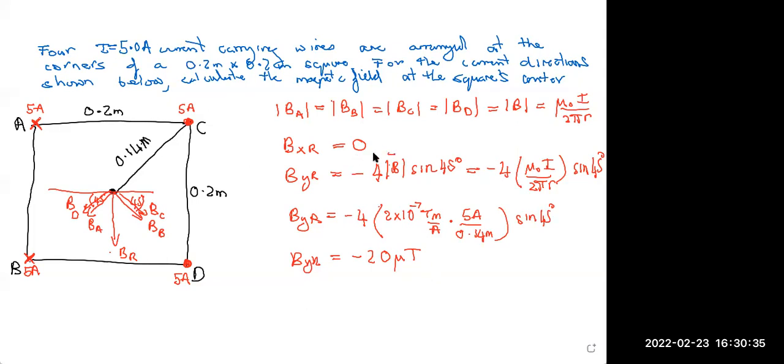As I say, the x component of the field was 0. The total magnetic field strength is therefore 20 microTeslas, and from our sketch, it's downwards. So this was an example of figuring out the magnetic field that's produced by an arrangement of current carrying wires.